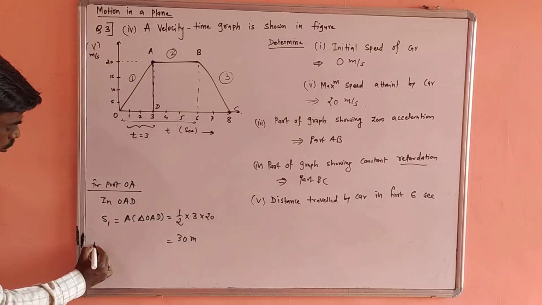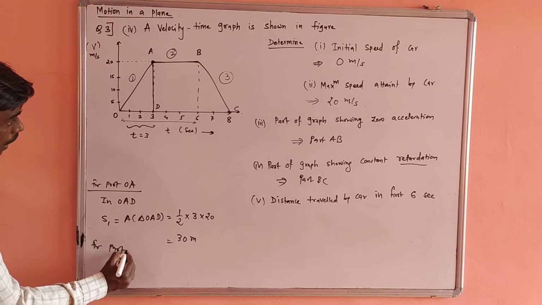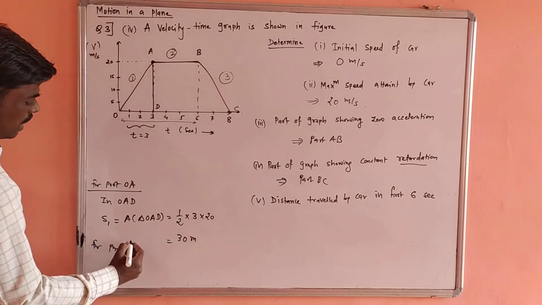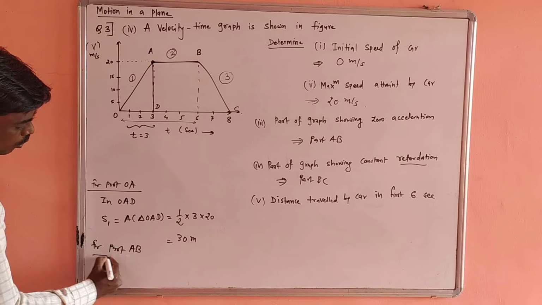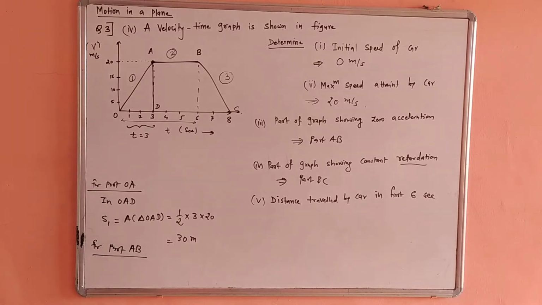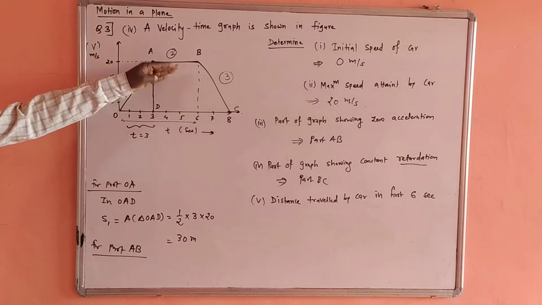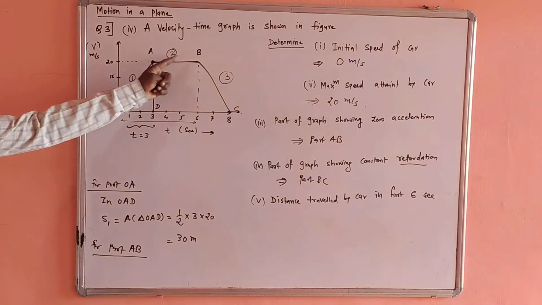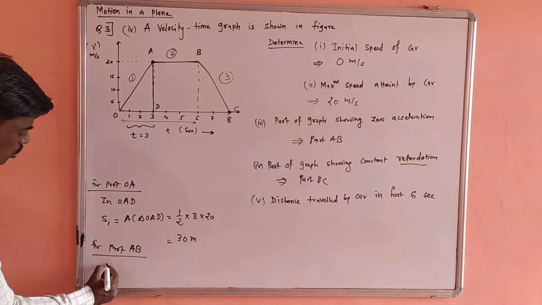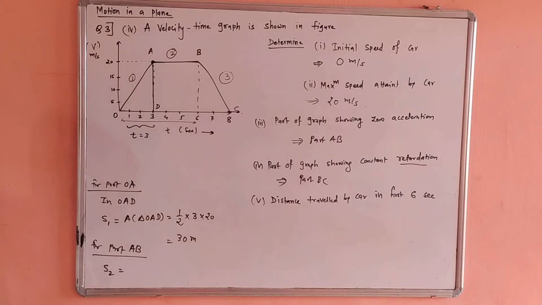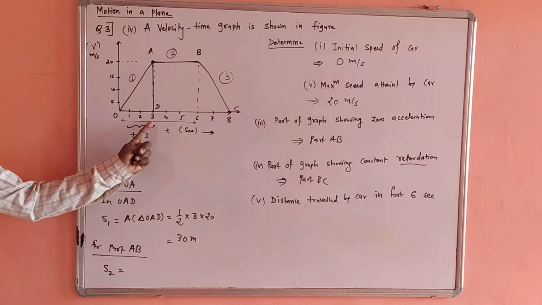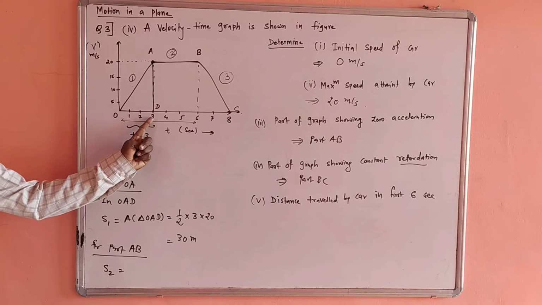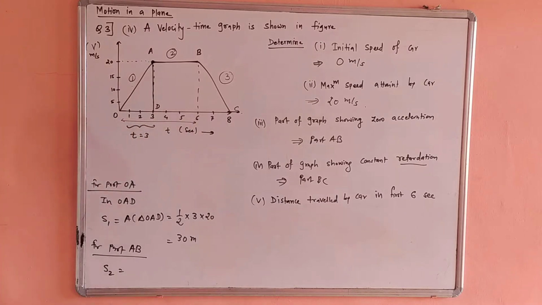Then for part AB, the area below this straight line AB is nothing but a rectangle. So S2, second distance for the time interval 3 to 6 seconds.